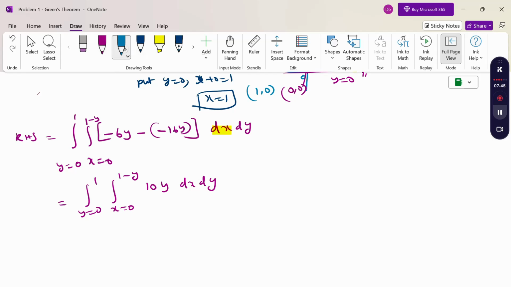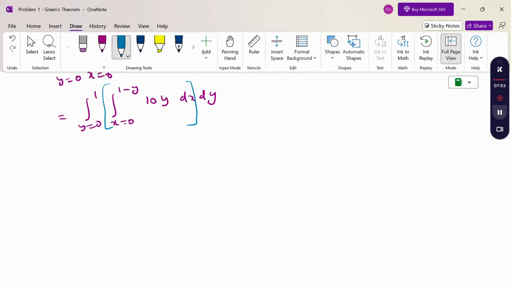Now first integrate with respect to x. Therefore 10y is considered constant, y from 0 to 1, 10y constant, so the dx integration gives x from 0 to 1 - y, into dy.